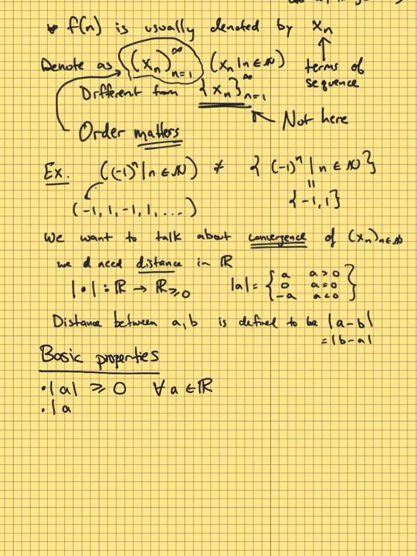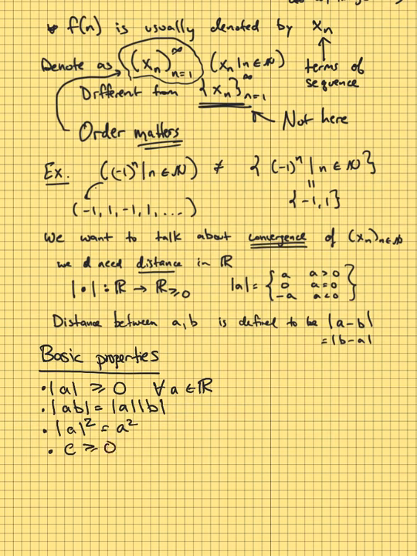I would check some of these, and I'm going to leave one of them as a lecture problem. The absolute value of ab is the absolute value of a times the absolute value of b. The absolute value of a squared is just a squared.